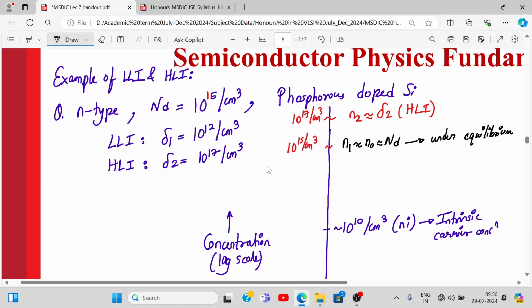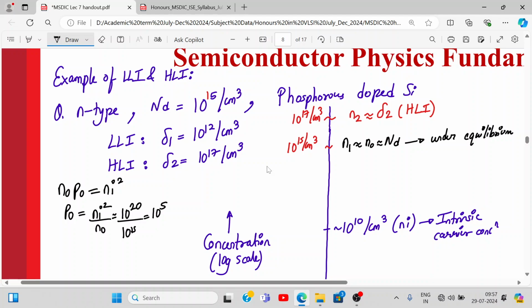What is the minority carrier concentration P naught? N naught P naught is given by Ni square, and Ni square is approximately 10 raised to 20. So P naught is given by Ni square upon N naught. Consider this to be 10 raised to 20, divided by N naught. So this will be 10 raised to 5. Minority carrier concentration.